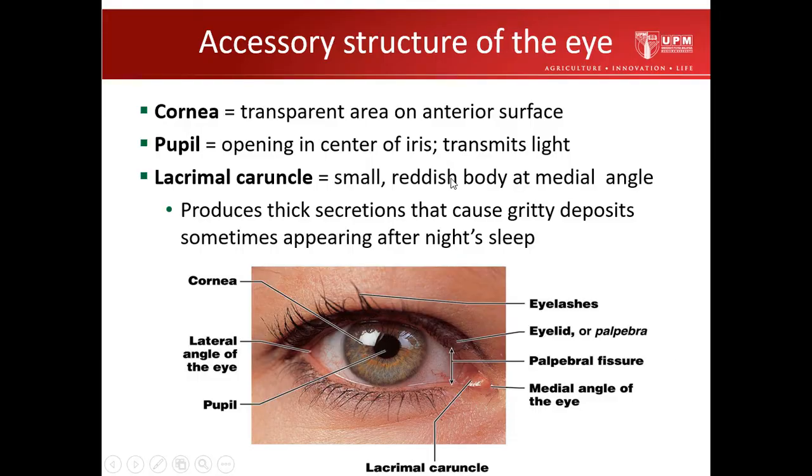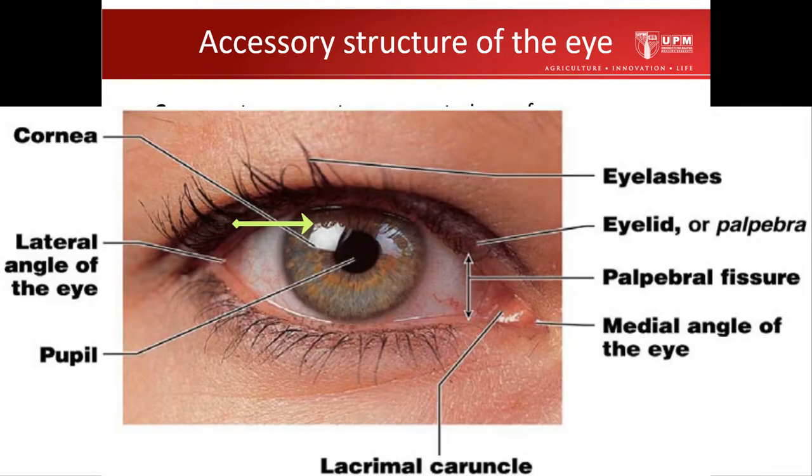Next, the cornea is a transparent area on the anterior surface of the eye. And then we have the pupil, which is an opening at the center of the colored iris. So the light will enter the eye by passing through the cornea and then through the pupil.